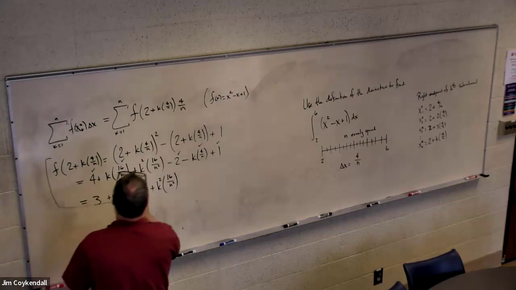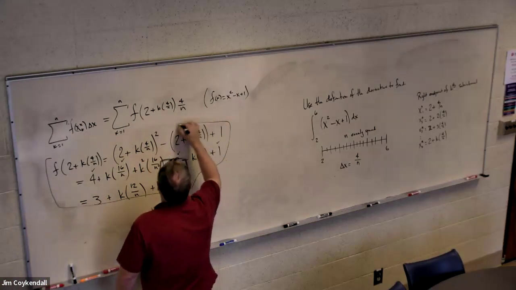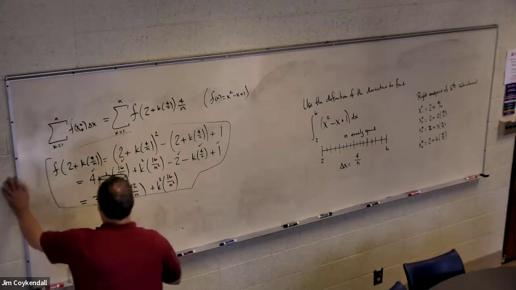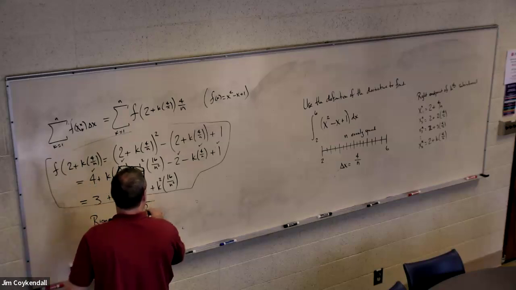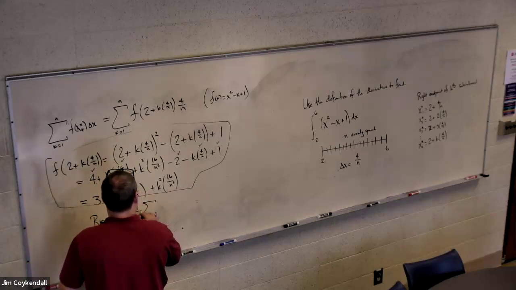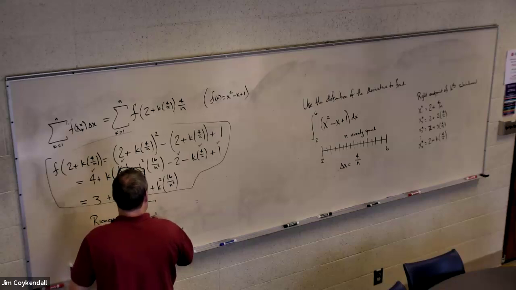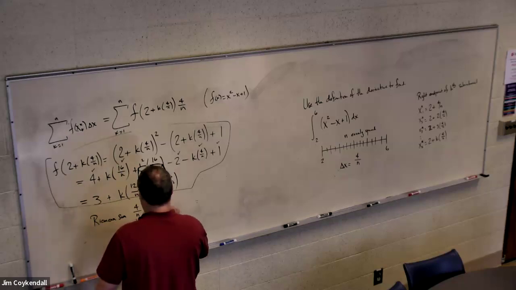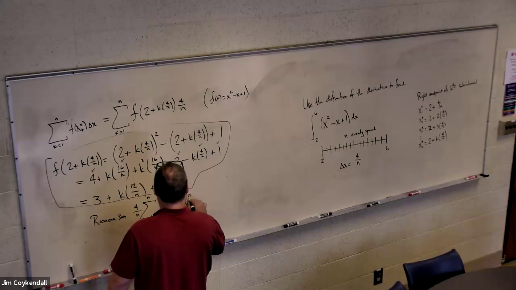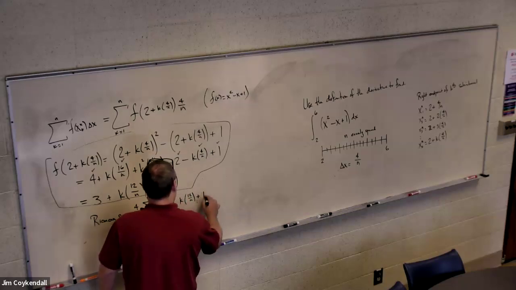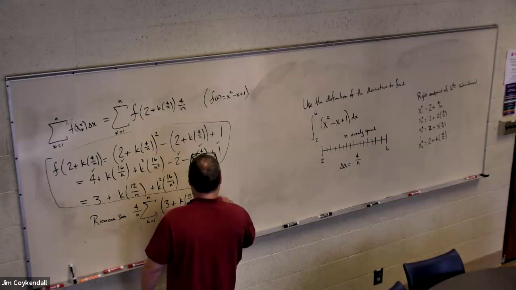Kind of a little aside here: what I think about this, a Riemann sum, is the sum of 4 over n times 3 plus k times 12 over n plus k squared 16.